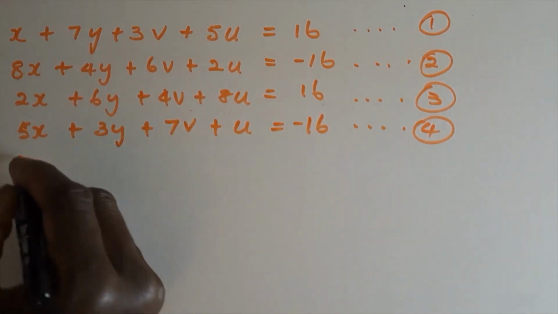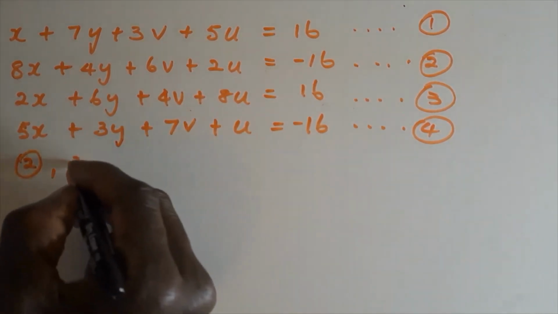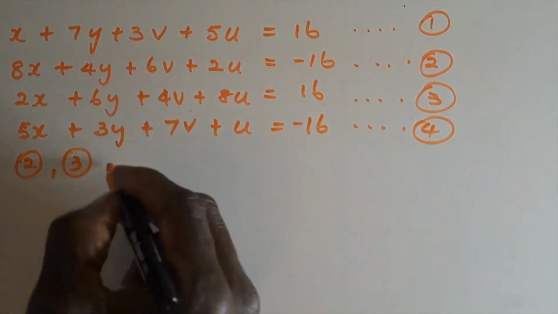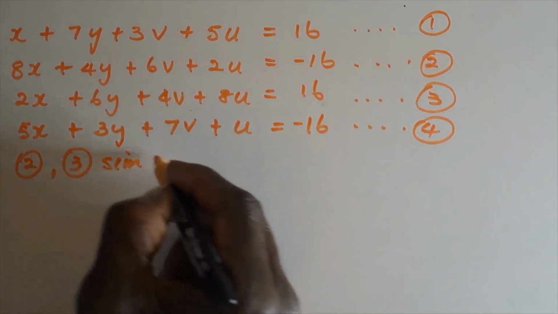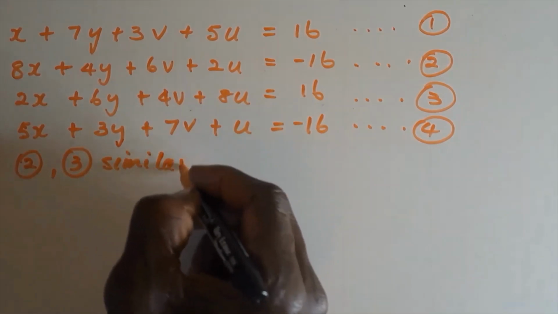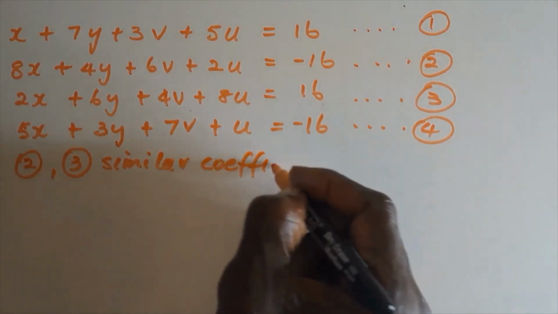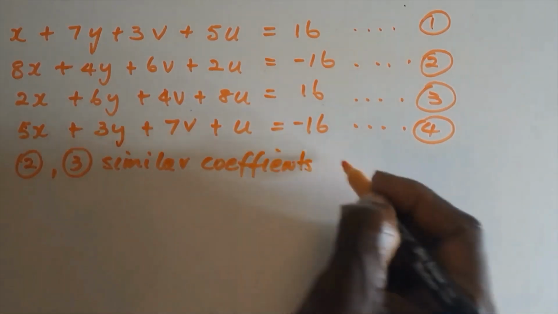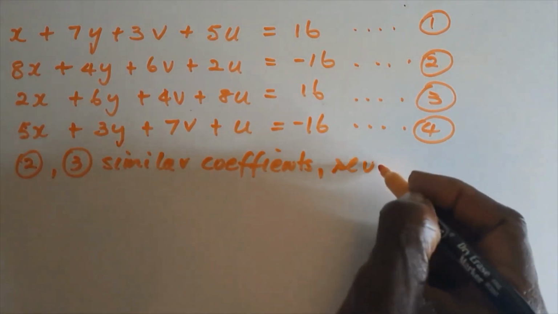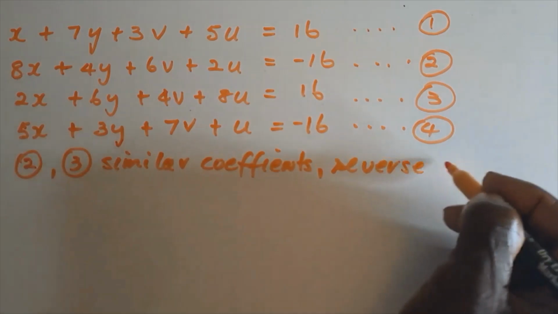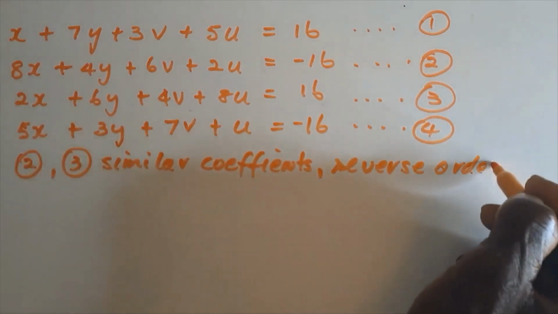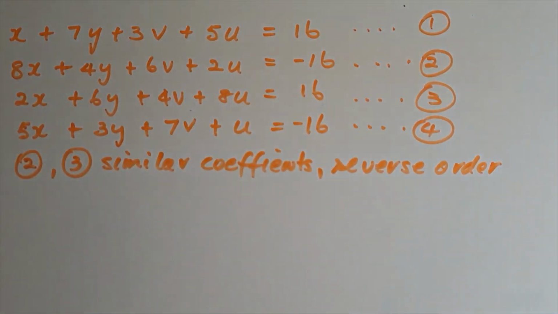So for equations 2 and 3, we have similar coefficients, and then in reverse order for one of them. If we look at 1 and 4, we have coefficients 1, 7, 3, and 5.